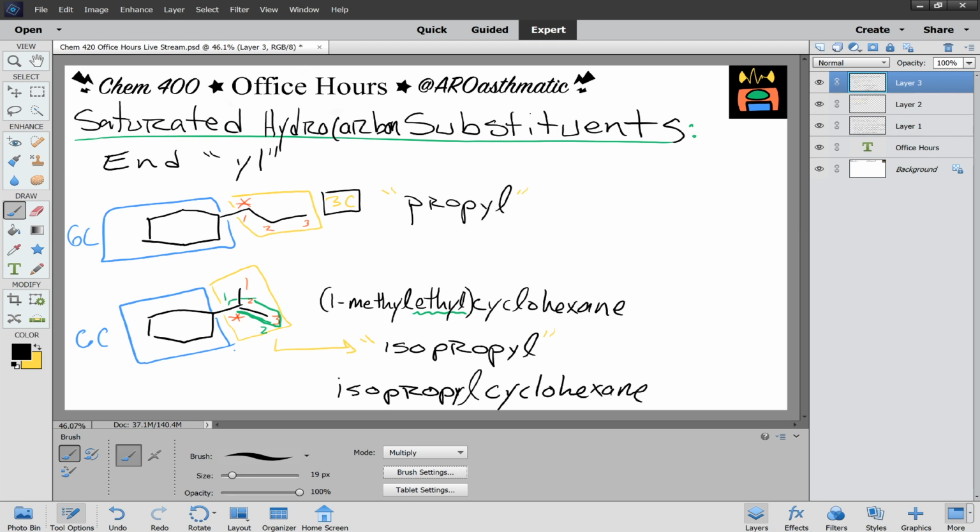So that's where the iso comes in, because it's kind of like the propyl group. It's a 3-carbon side chain, but it's not attached at the end. And people find calling it isopropyl easier than calling it 1-methylethyl, if that makes sense. How does that sound?